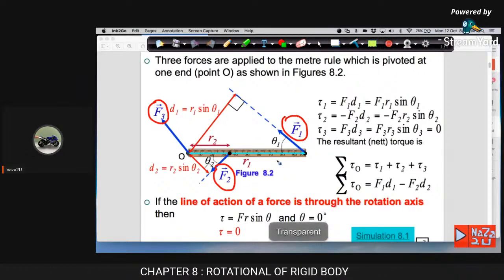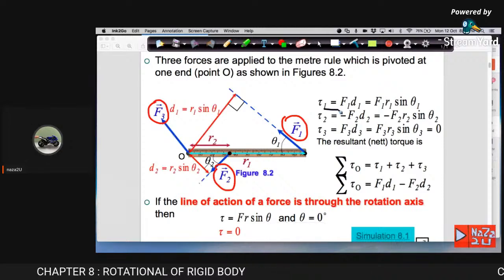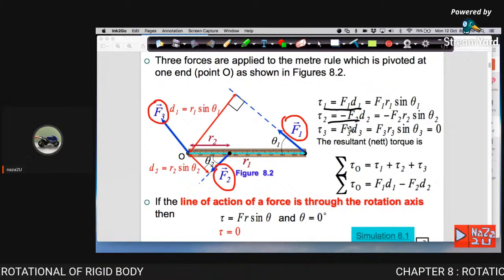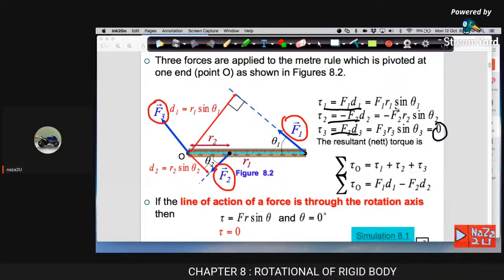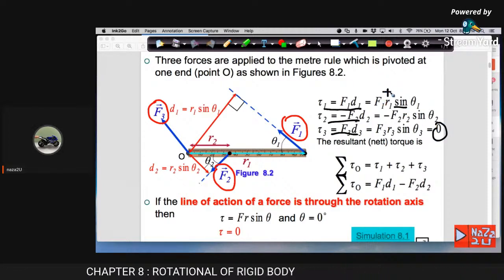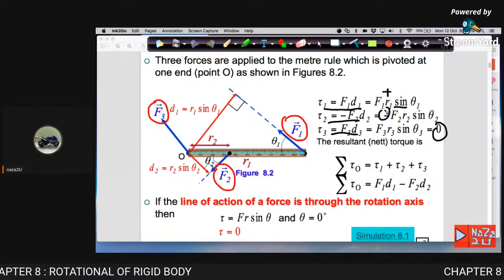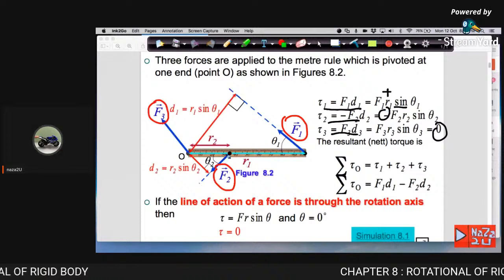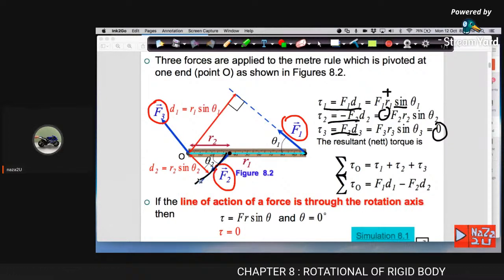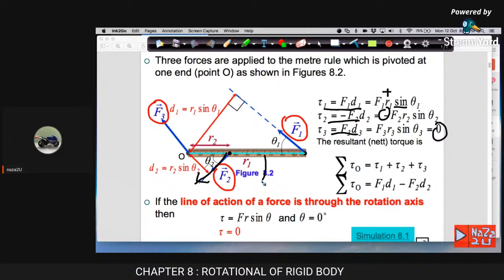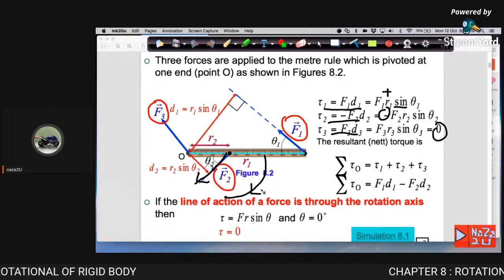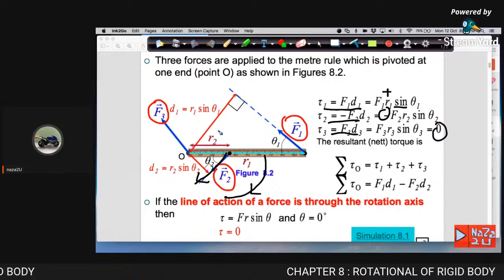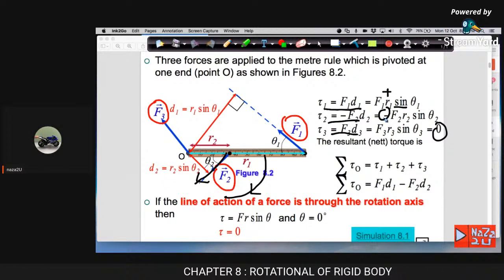So if you look here, I think it is the same as I explained for torque 1, torque 2, and torque 3 is equal to 0. We have the positive here, but here we have a negative because for the F2, the metal rule starts to rotate in the clockwise direction. That's why negative.